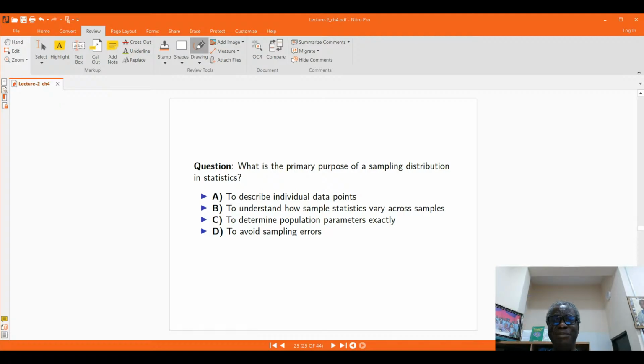A, to describe individual data points. B, to understand how sample statistics vary across samples. C, to determine population parameters exactly. D, to avoid sampling errors.